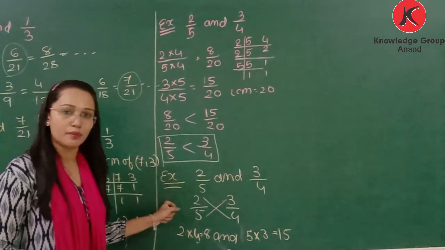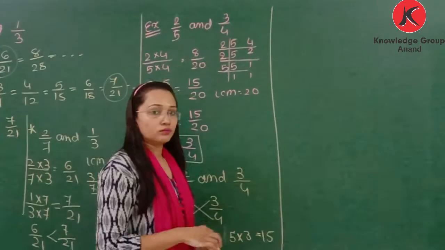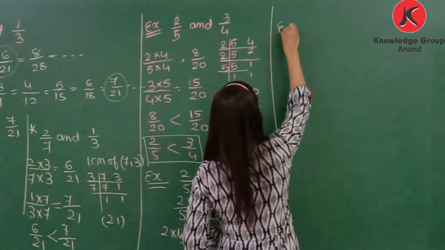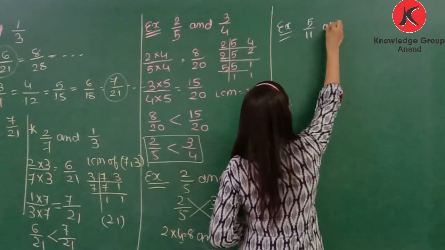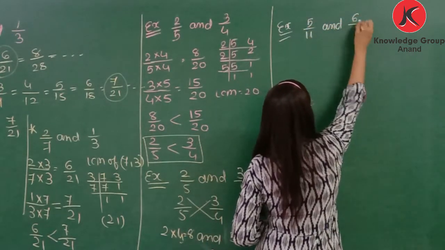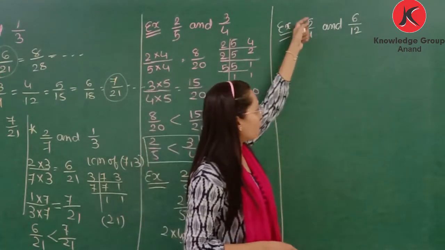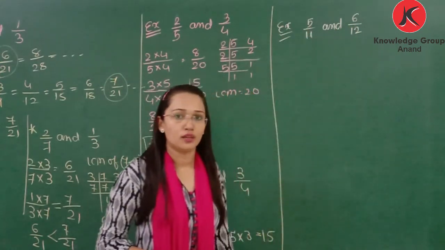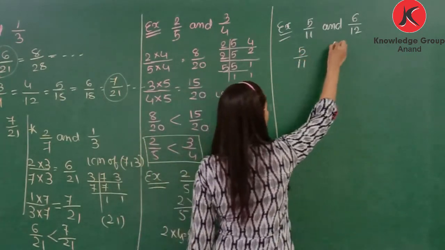Let's solve some examples using this method also. Let's take one more example. 5 by 11 and 6 by 12. Here we need to compare 5 by 11 and 6 by 12. You can use this method by multiplying cross numbers.